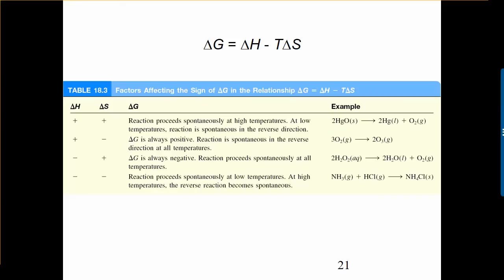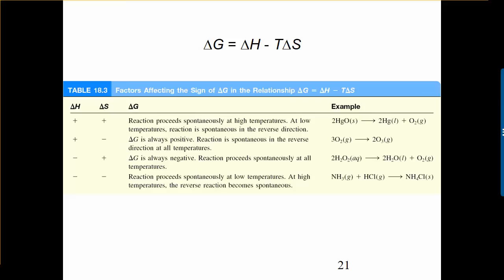All right, so this is how we can predict the sign of delta G from the sign of delta H and delta S. No numbers, just their sign, okay? So if delta H is positive and delta S is positive, endothermic with an increase in the entropy or the disorder, both of these are positive.